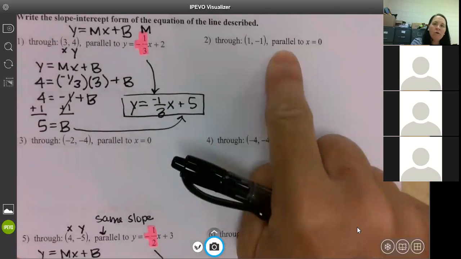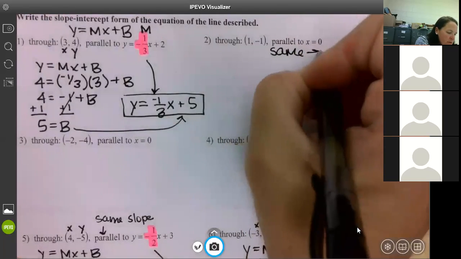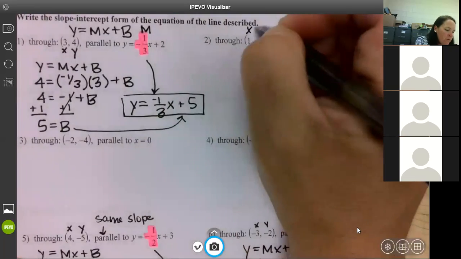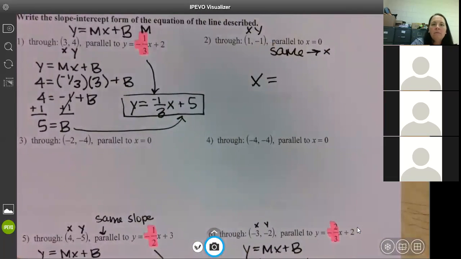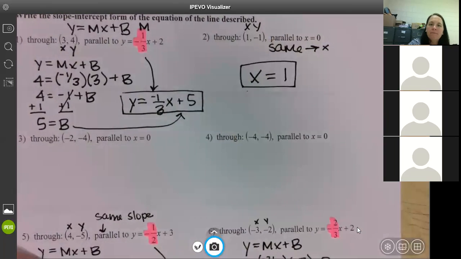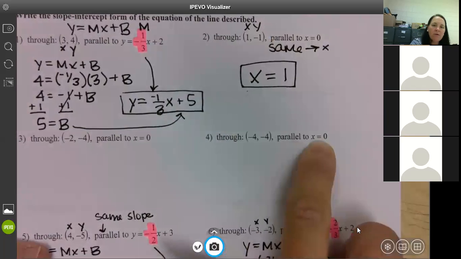2 says parallel, which means the same. So we're going to use x. And then what is our x coordinate? 1. That's your equation. Number 4 says parallel to x equals 0.